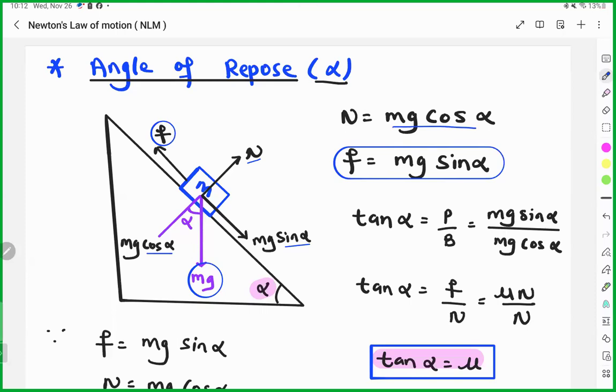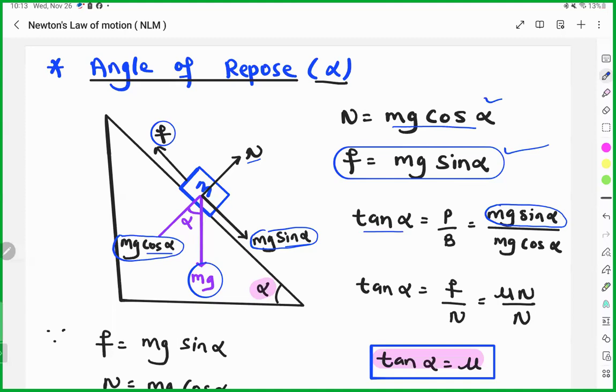Correct? If you take their ratio, same as tan alpha, perpendicular by base, here perpendicular will be mg sin theta and base will be mg cos theta, and it will be the same. Because mg sin theta is also equal to friction here, and mg cos theta is equal to normal. Same situation as what you did in the angle of friction.